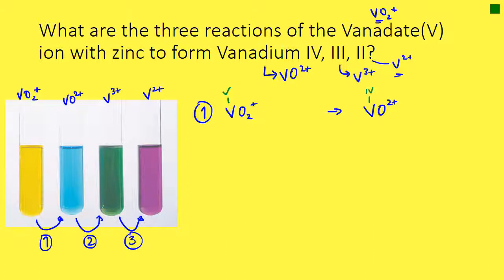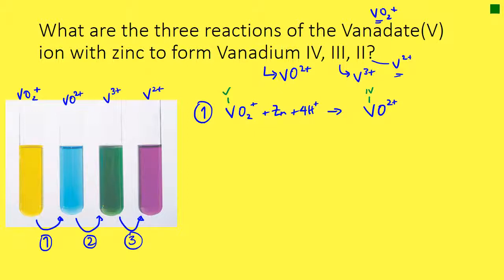So if that is reduction, then something else has to be oxidized. And the thing that is oxidized actually is some zinc. So we are going to add some zinc in acidic solution because the hydrogen ions help the reduction of the vanadium ions.